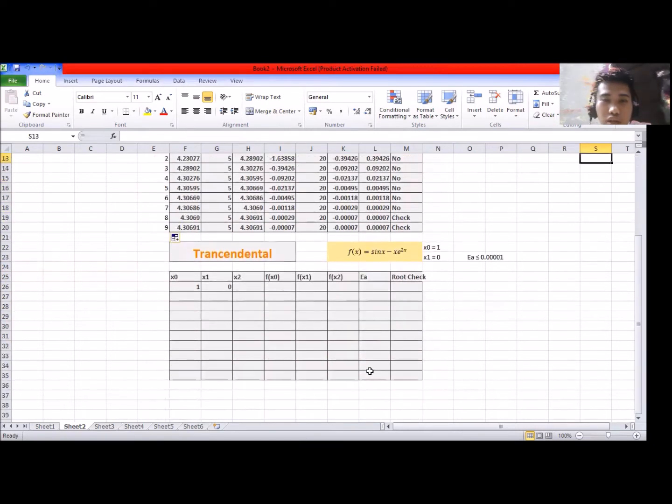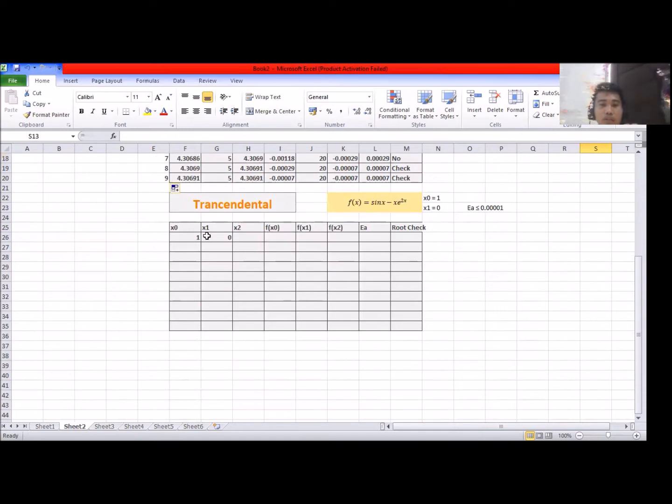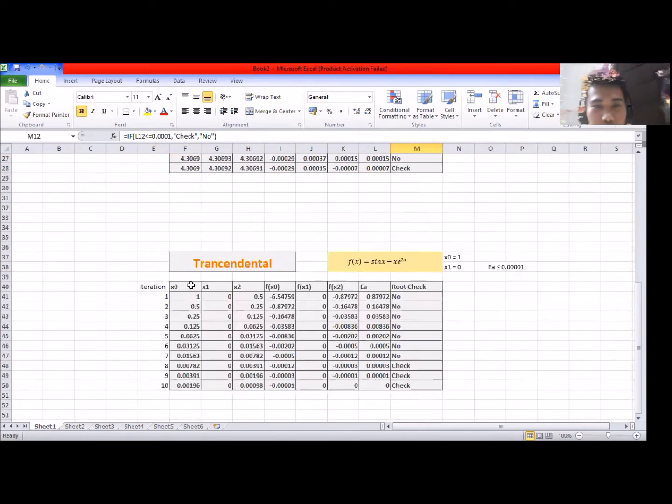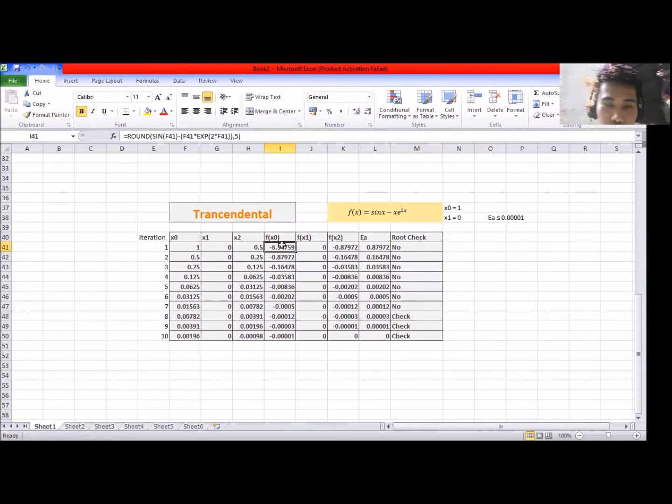So next is transcendental. Like earlier with transcendental, let's copy the formula of the function itself to get the initial value.